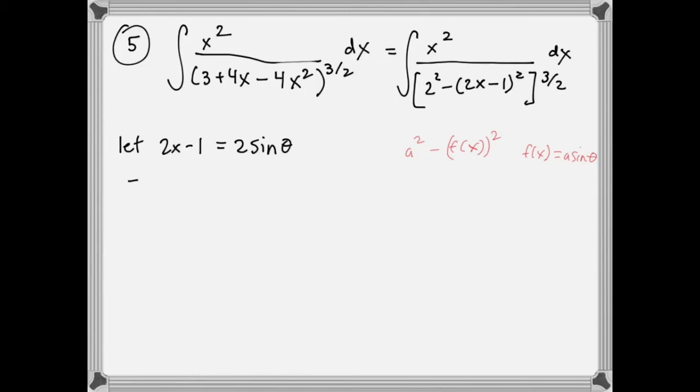Another way to write this is if we were to solve for x, we actually get, let's see here, 2x is equal to 1 plus 2 sine theta, or x is equal to 1/2 plus sine theta.